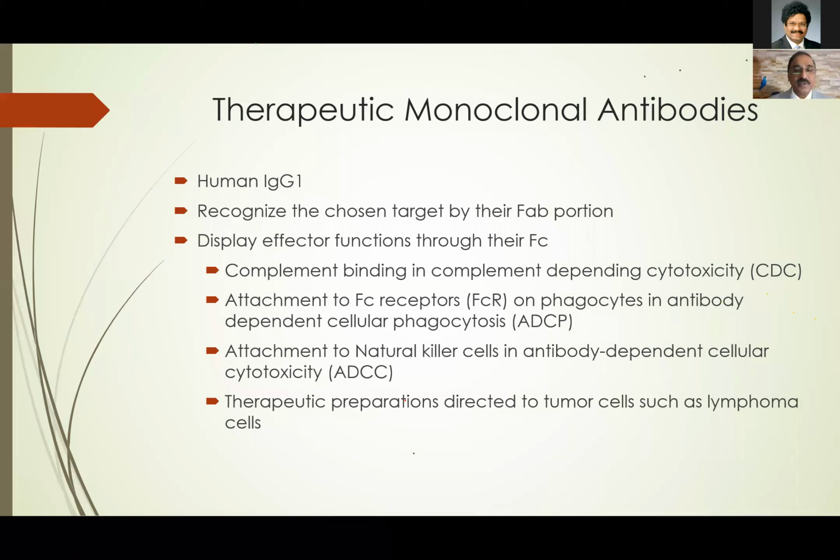So these are the three ways that these Fc portions help defend the body from various injuries. And these are mainly developed against lymphoma cells, against tumor cells. That's where these monoclonal antibodies work, by attaching the Fc receptors.